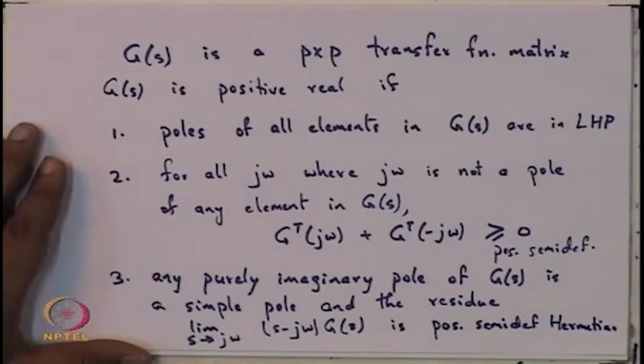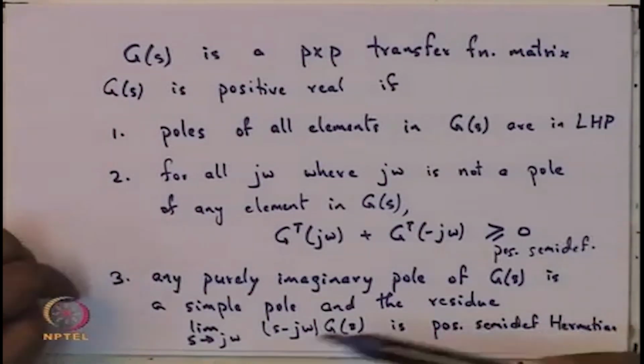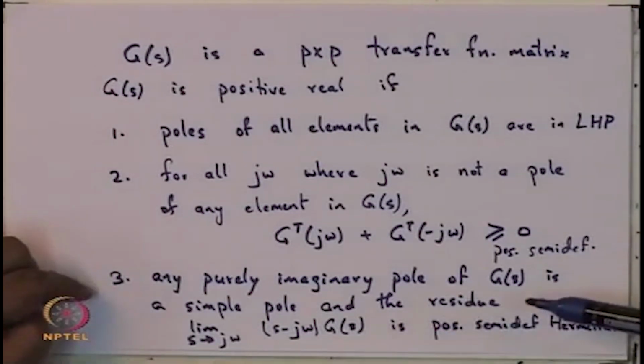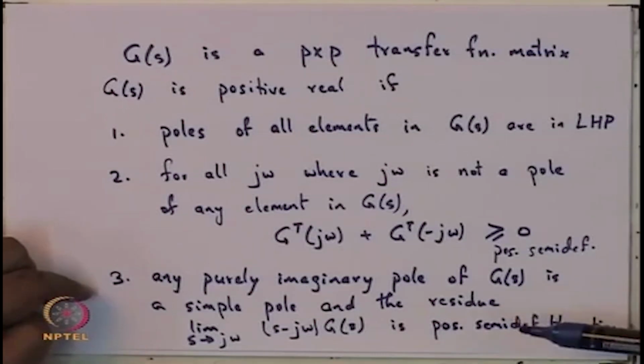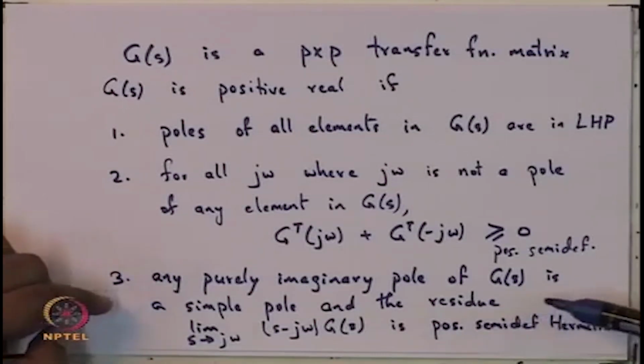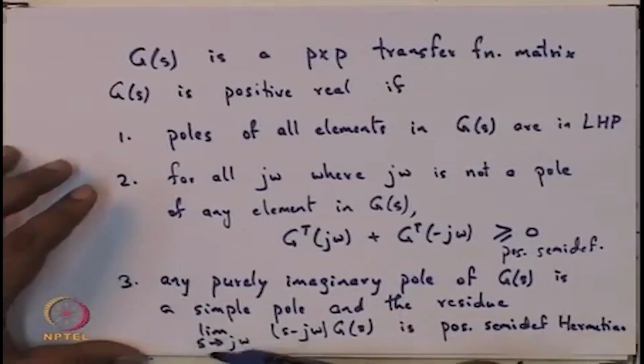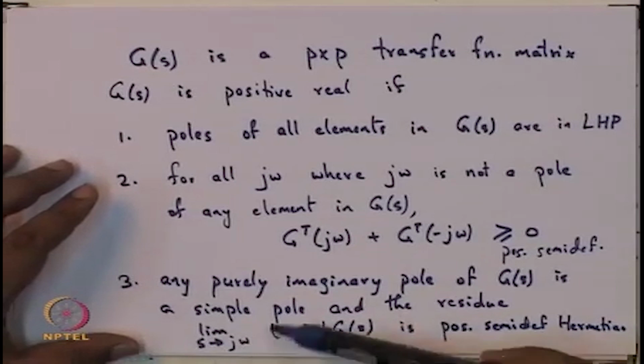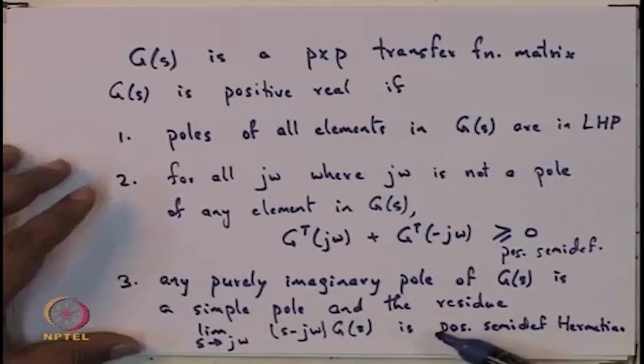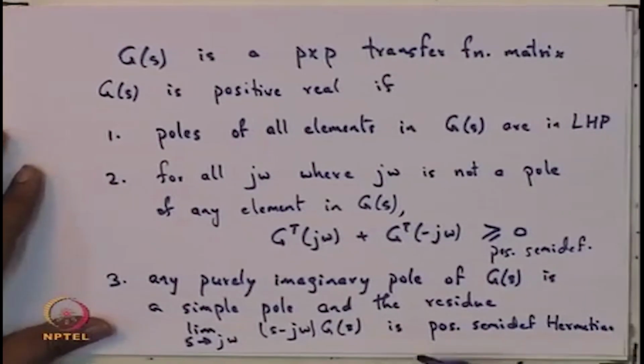Okay. So, there are these three conditions. So, the third condition is that any purely imaginary pole of G of S is a simple pole, and the residue, the limit as you tend towards that pole of this particular thing, of course, here it is a matrix. So, it is in fact a positive semi-definite Hermitian matrix.